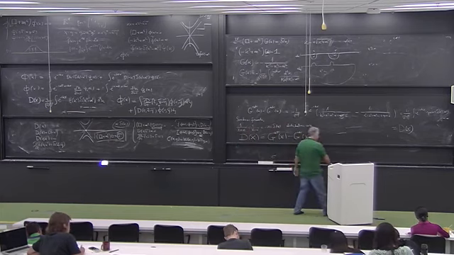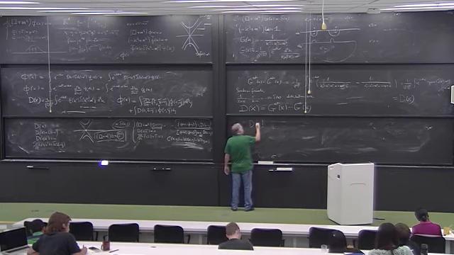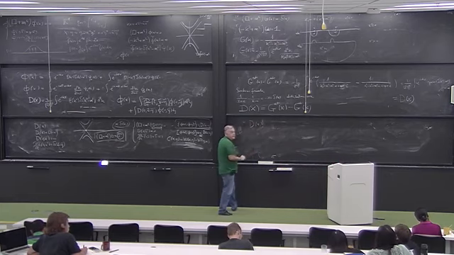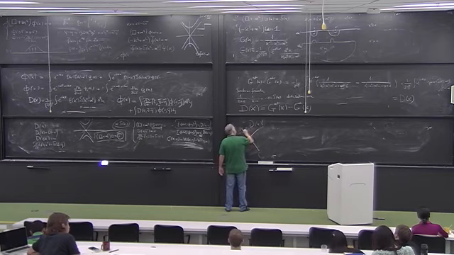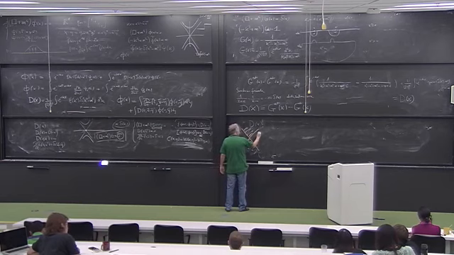What is the interpretation of this formula? Look at this invariant function D of x. The support of D of x is concentrated in the cone. This is the light cone, x squared equals 0.